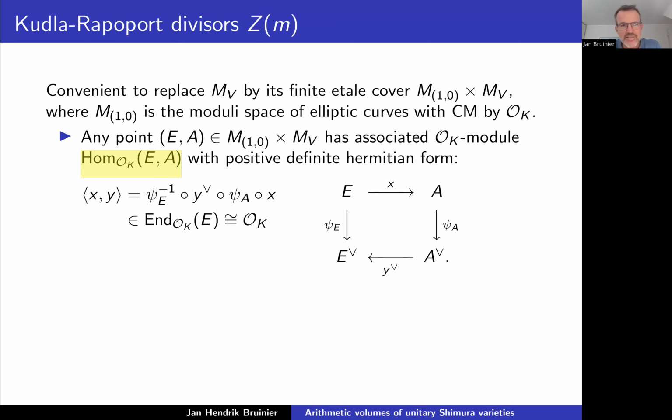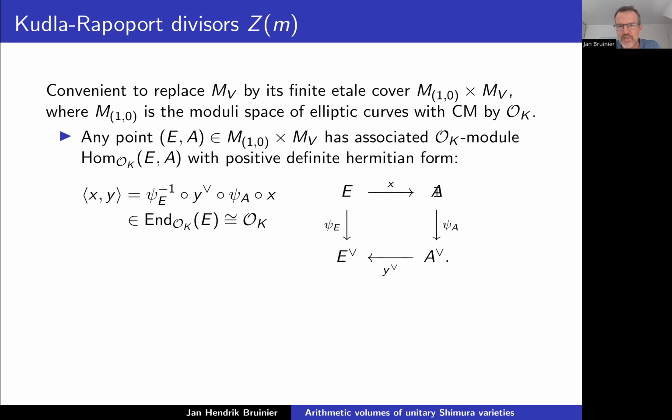And how does this Hermitian form work? If we have two elements in this Hom space, say x and y, then we can look at this little diagram. x is a homomorphism from E to A, so we can use it to go from E to A. And A has a principal polarization, which is compatible with the complex multiplication, so we can go from A to its dual.